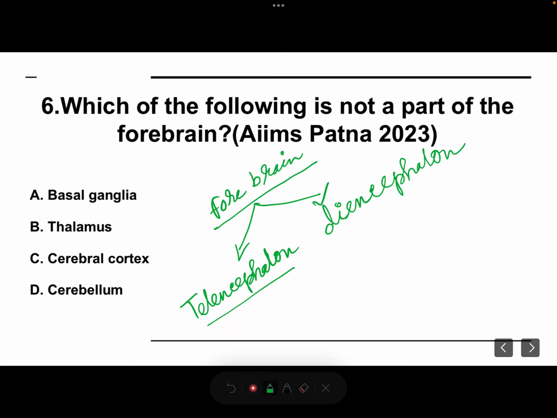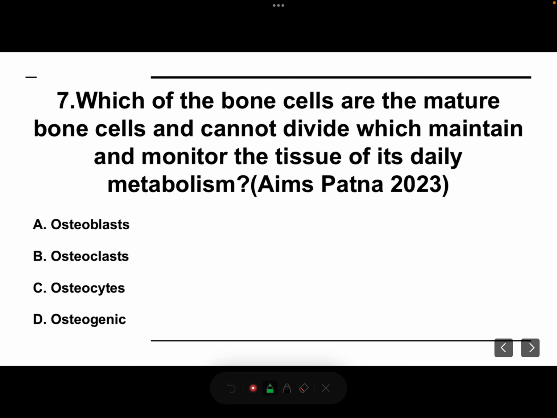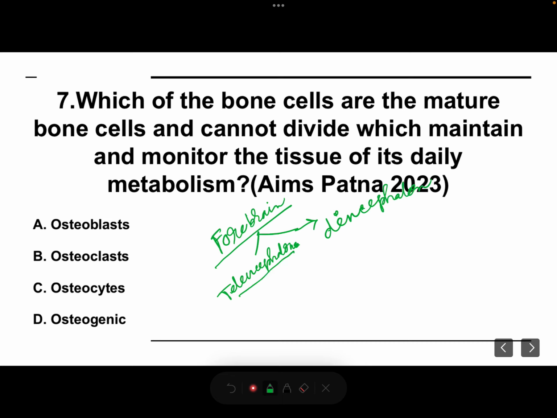The telencephalon is the cerebral cortex and basal ganglia, and the diencephalon is the thalamus.